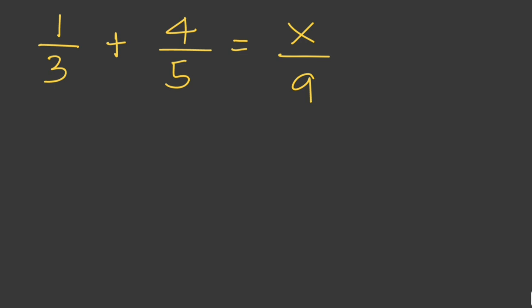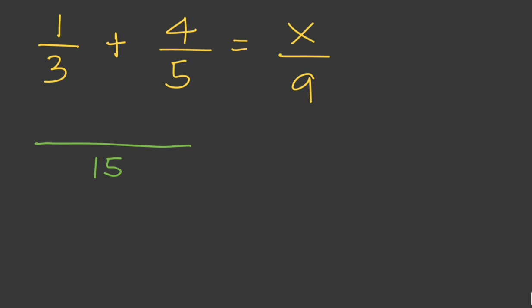Now we'll look for the smallest number that can divide both 3 and 5, or you can just simply multiply 3 and 5, which is just equal to 15, and 15 will be our LCD, because 15 is divisible by both 3 and 5.